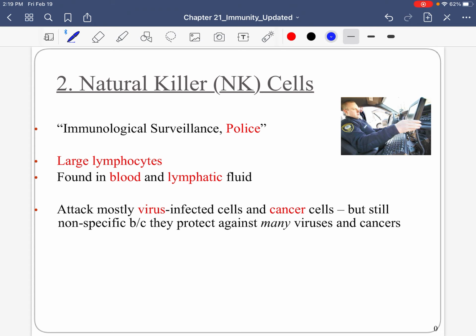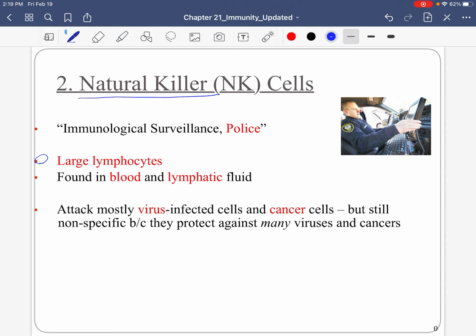A second example of something that our body can do in the second line of defense refers to these more specialized immune cells called natural killer cells. It's kind of a cool name, isn't it? Technically, these natural killer cells are a specialized type of lymphocyte.